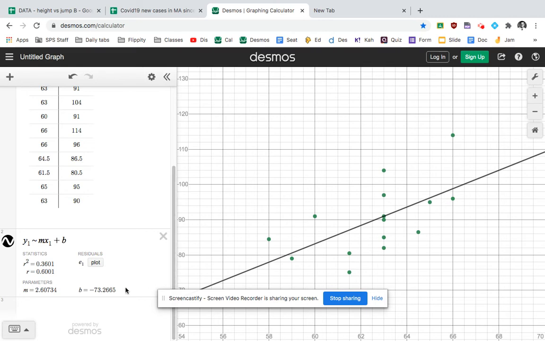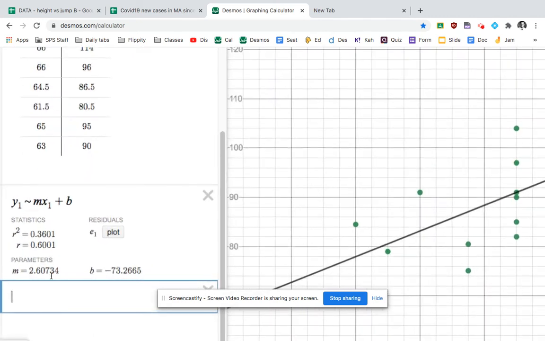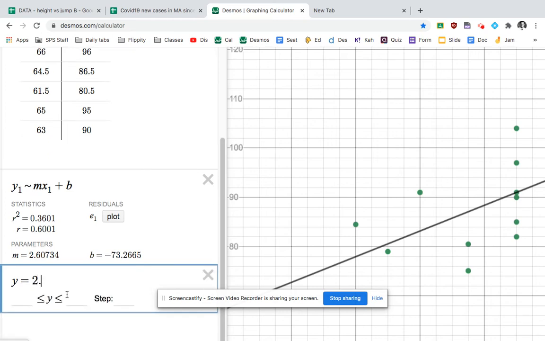So what I have to do is write the equation in y equals mx plus b form here. So I'm going to write y equals m. I'm going to copy it just as I see it. Slope is 2.60734.